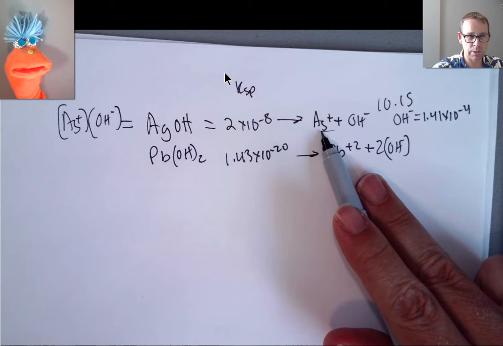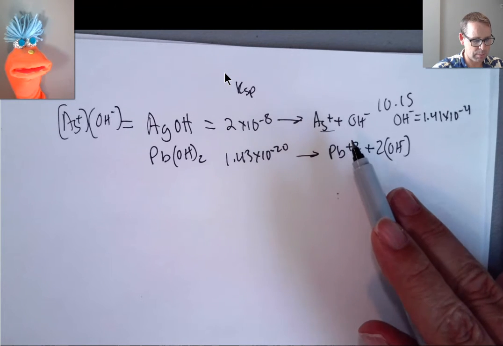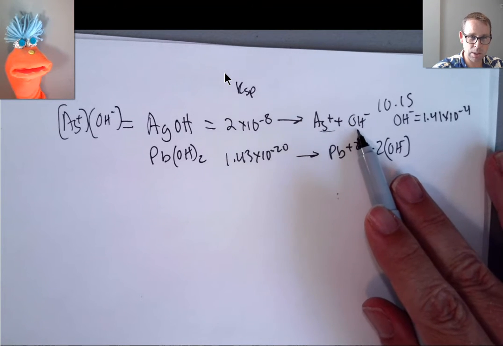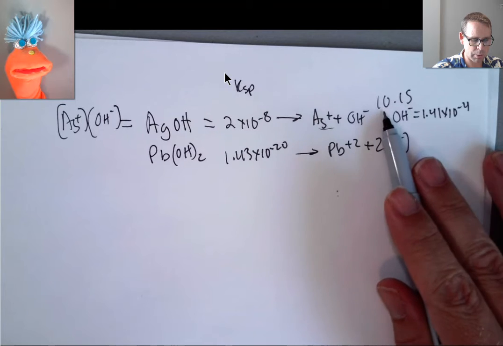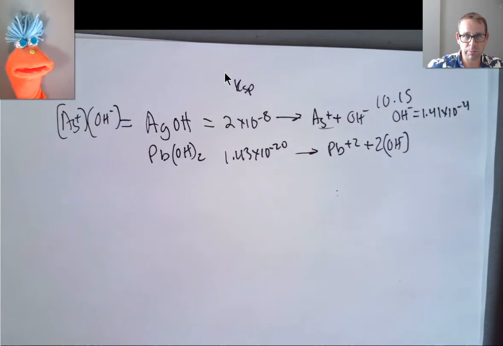So you have your silver ion in solution, and you can add hydroxide ion until the pH equals 10.15. Once the pH equals 10.15, silver hydroxide will precipitate out.